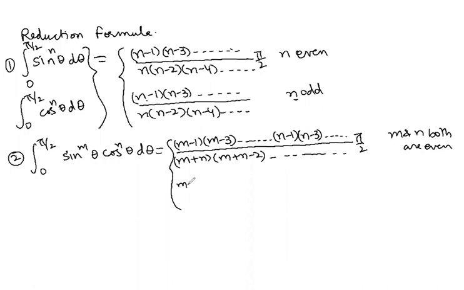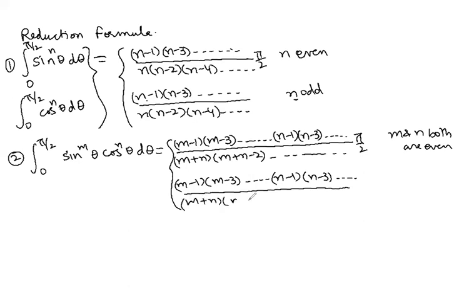And the same type of expression we will write, m minus 1, m minus 3 and so on, n minus 1, n minus 3 and so on, upon m plus n into m plus n minus 2 and so on, without pi by 2 otherwise.